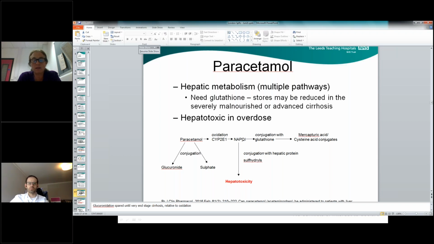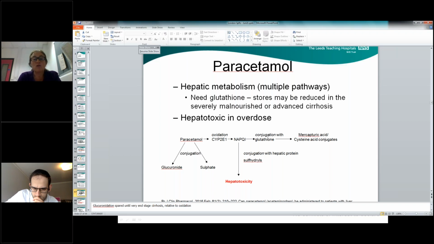You make NAPQI as one of your oxidation metabolites, which under normal circumstances is then conjugated with glutathione to these lovely, safe metabolites that you can excrete.